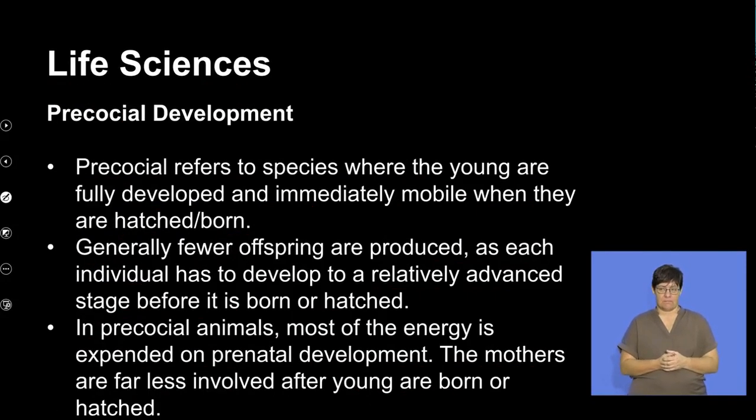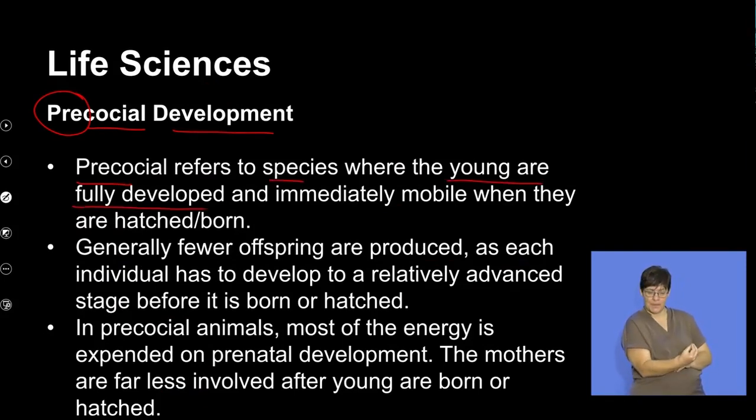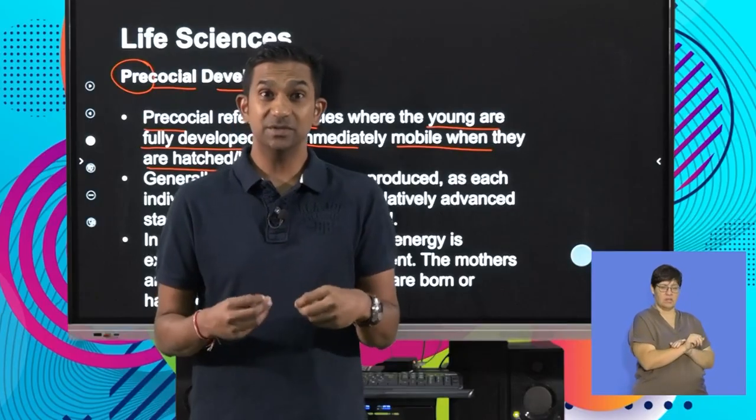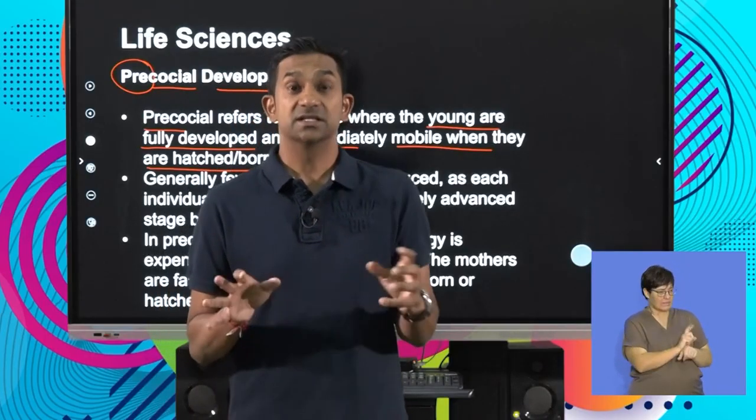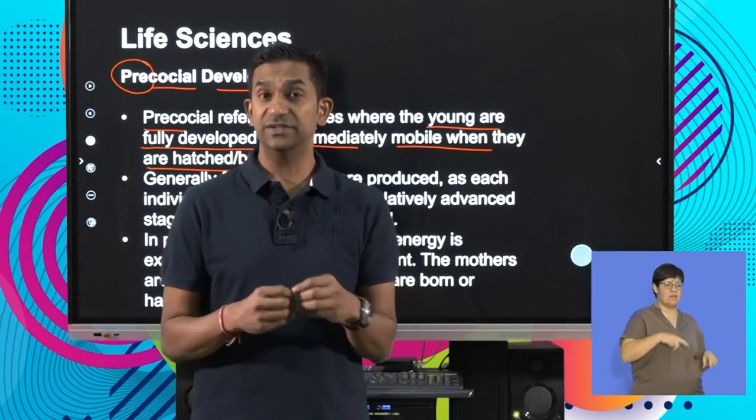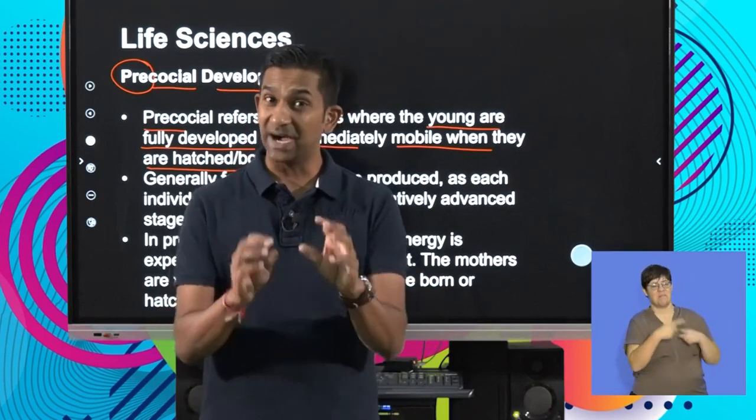Right, so let's unpack precocial development. Precocial development refers to species where the young are fully developed and immediately mobile when they are hatched or born. Generally we find that the young, once they hatch, are able, after a little while, to stand up, run, or even respond by themselves.